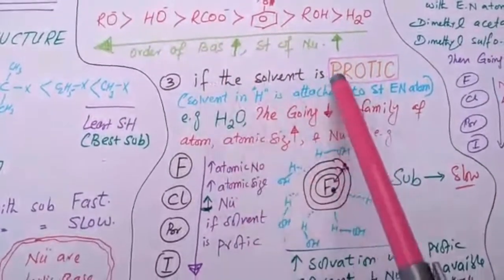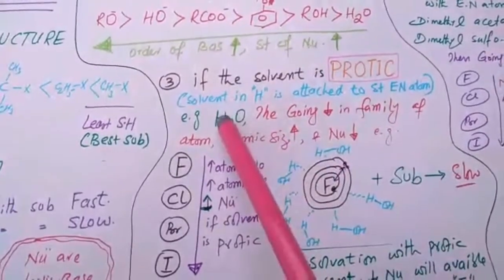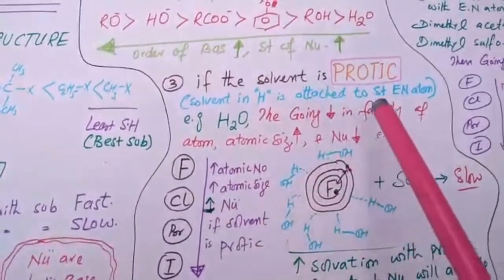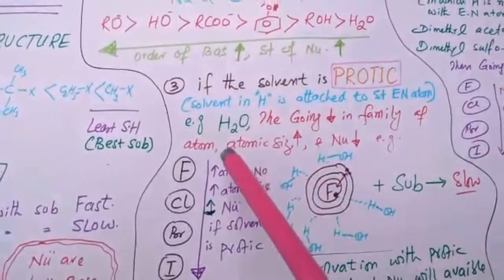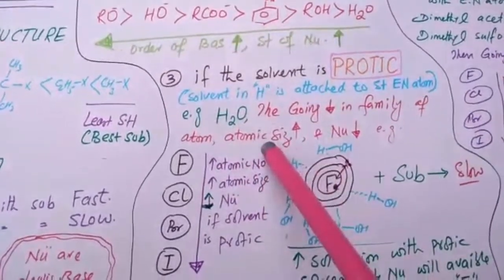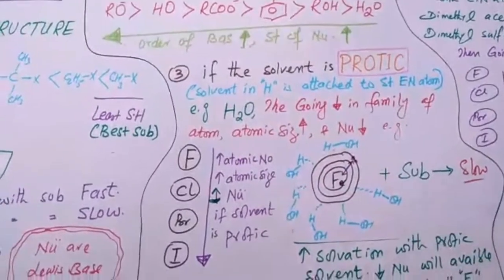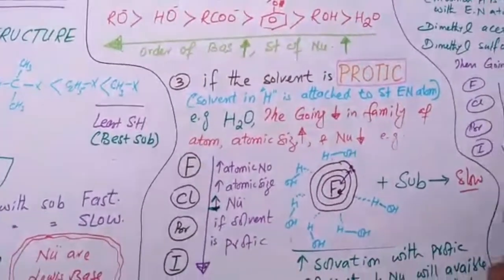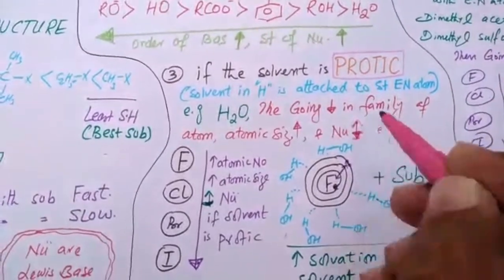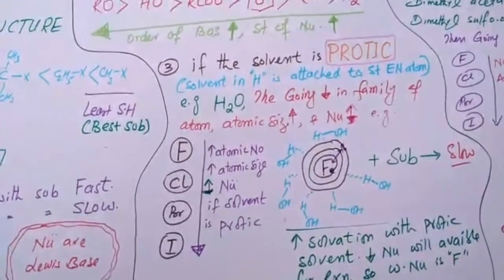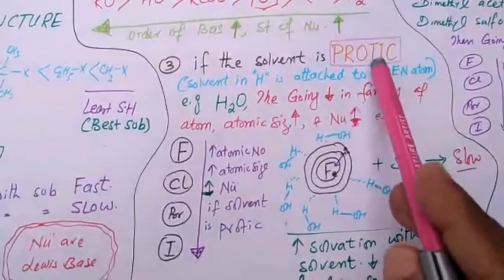So if the solvent is protic, then going down the periodic table, atomic size will increase and nucleophilicity will also increase, not decrease, but only on the condition that the solvent is protic.